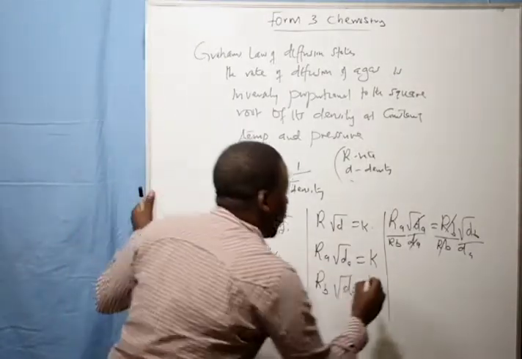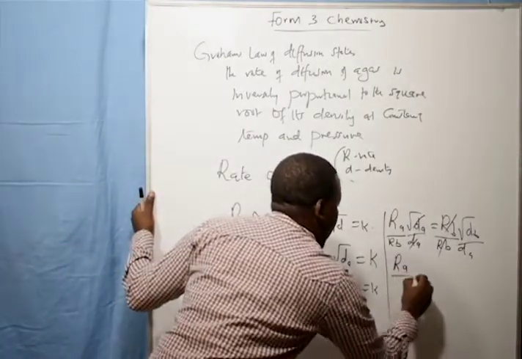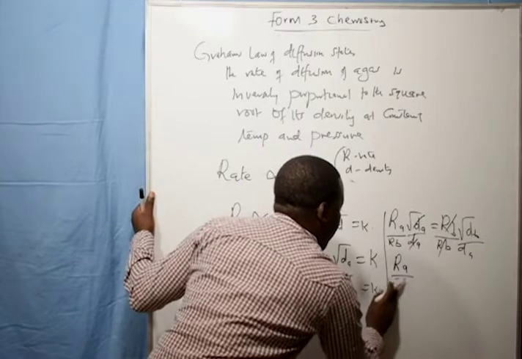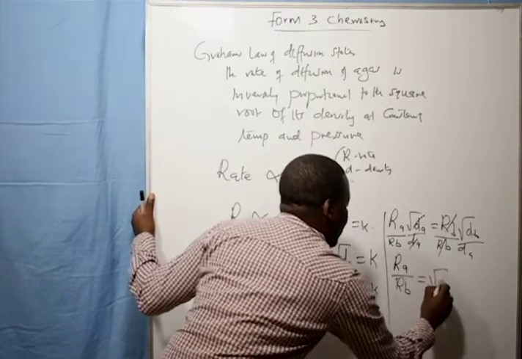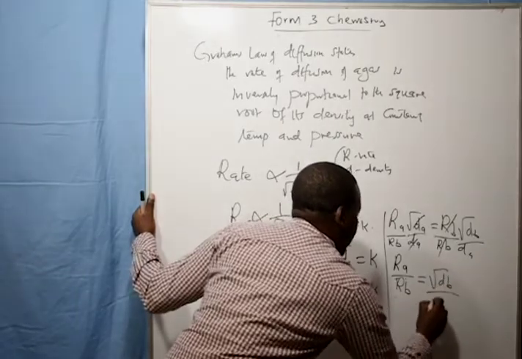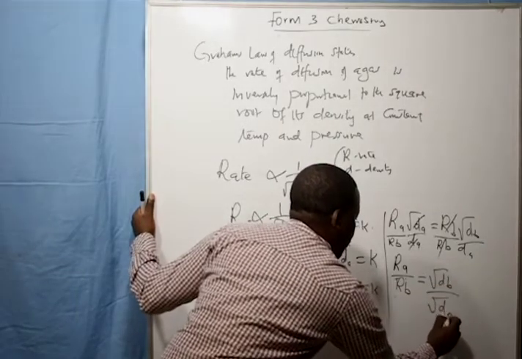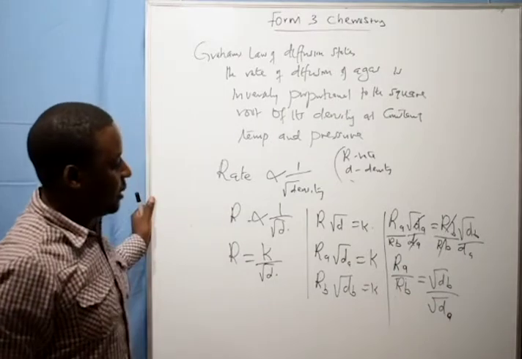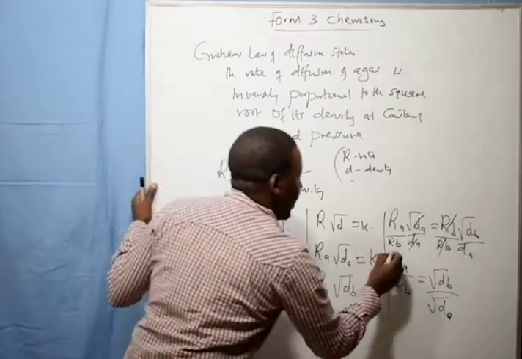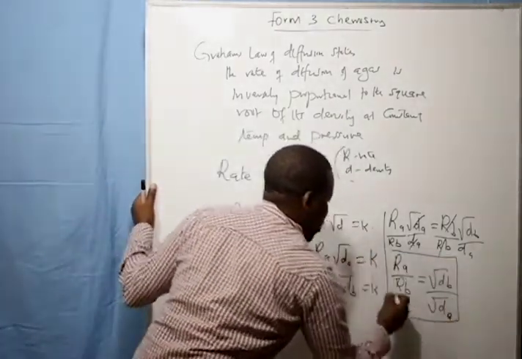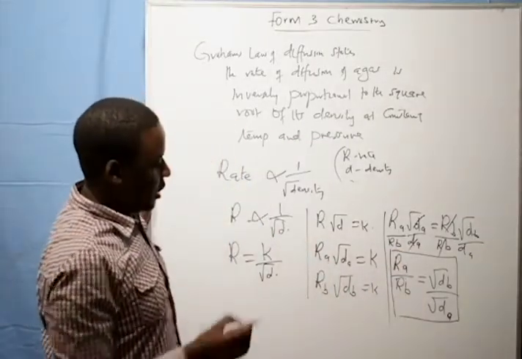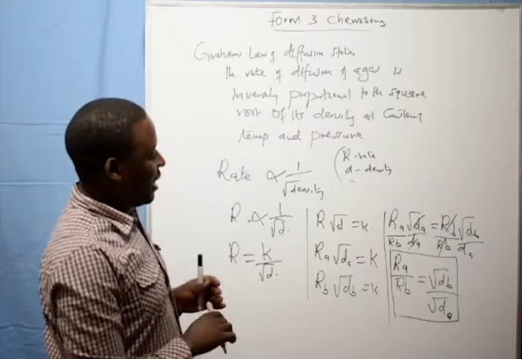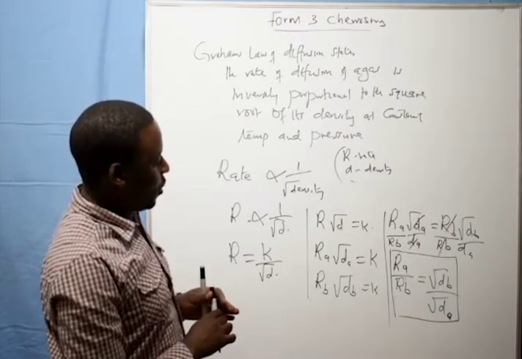At the end, you get rate of gas A over rate of gas B is equal to square root of density of gas B over square root of density of gas A. Now, this is the first equation that we use in Graham's law.